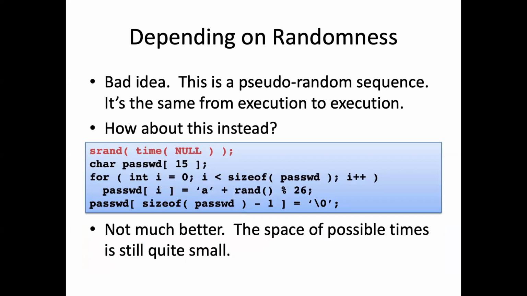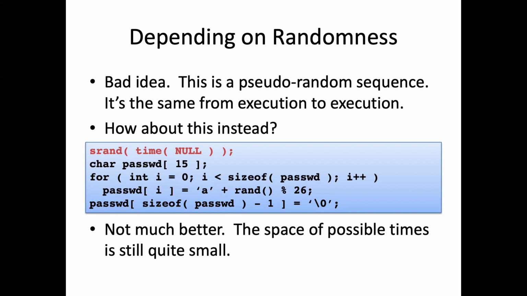We already figured out a way to improve this. We said, well, since the random number generator doesn't automatically seed itself, or it starts with the same seed every time, we could seed it ourselves. We said a couple of lectures ago, if we just took the time of day, measured as, remember time, this is that function that returns the number of seconds that have elapsed since January 1st, 1970.